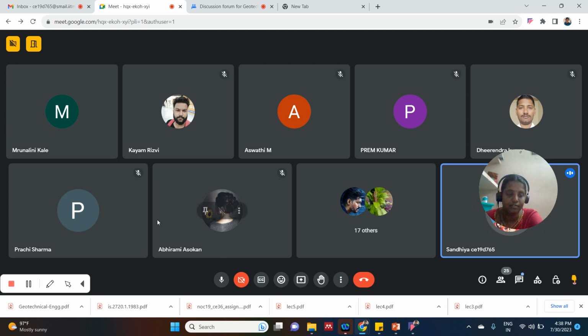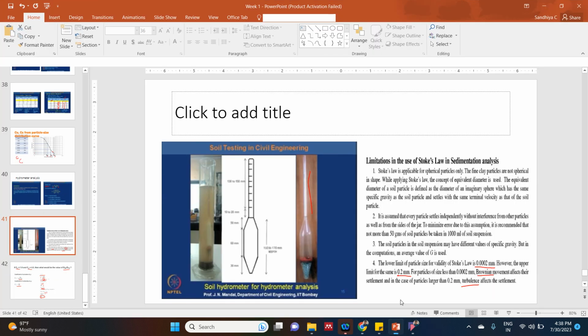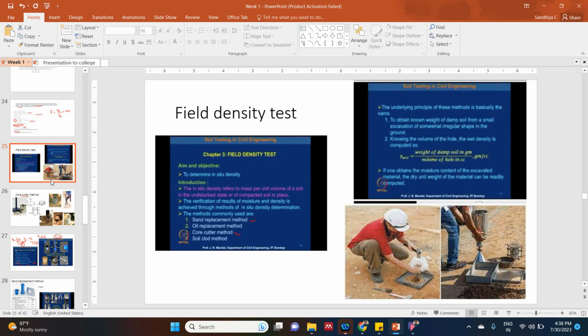The widely used ones are these two methods, and in IS codes also we have these two methods. There are also other methods for water content measurement, but we generally use the oven dry method. There is also the calcium carbide method and other methods besides oven dry. Just for knowing purposes, we have listed other methods. What we generally follow in our lab is the sand replacement and core cutter method.